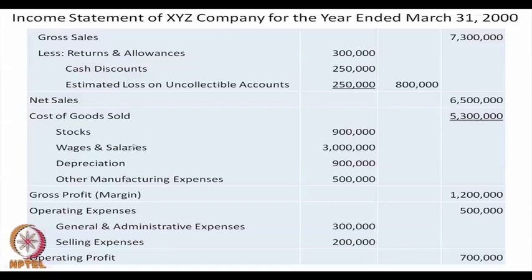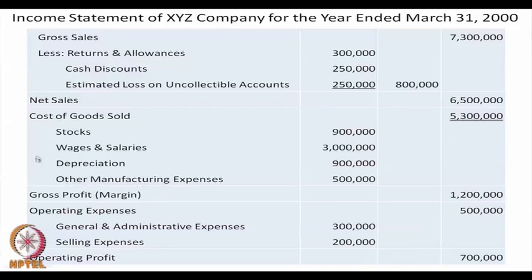Therefore, subtracting cost of goods sold from net sales, we get gross profit, also known as gross margin, as 1,200,000 rupees. From here, we subtract the expenses that are not incurred in the factory.